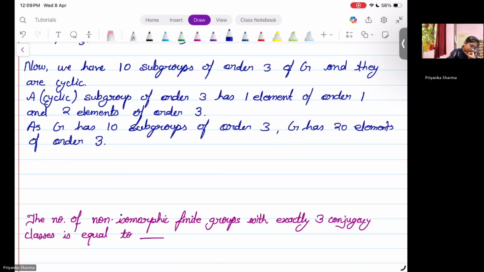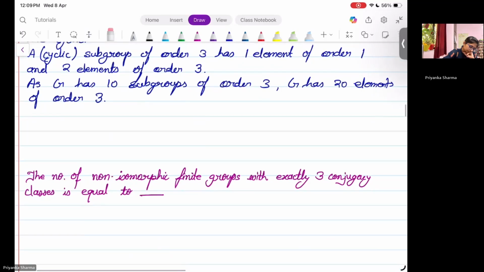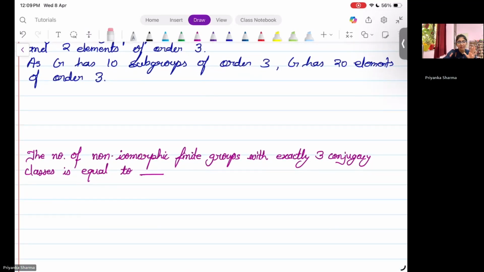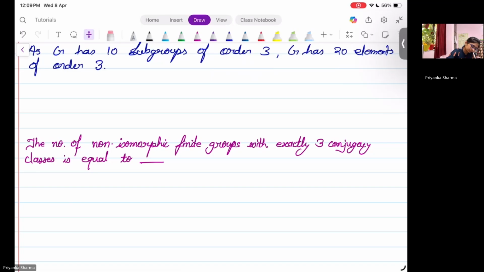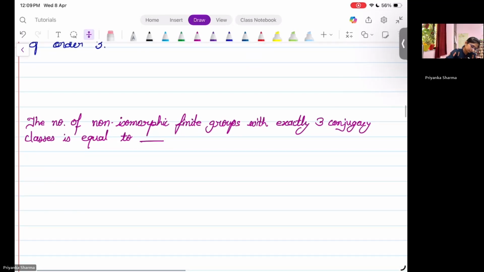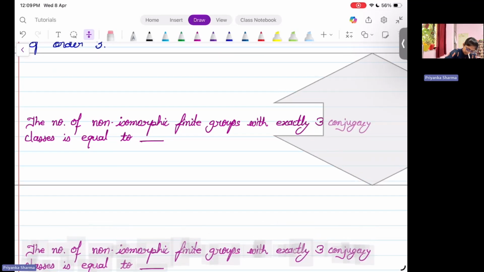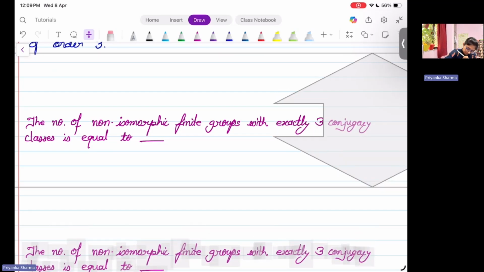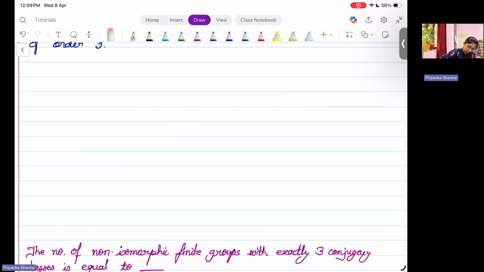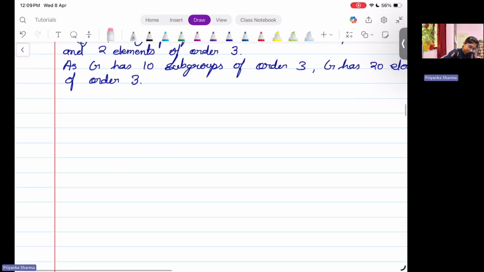Okay, because any two distinct subgroups of order 3 cannot have a common element other than the identity. Because the elements of order 3 are generators, and two distinct subgroups cannot have a common generator.